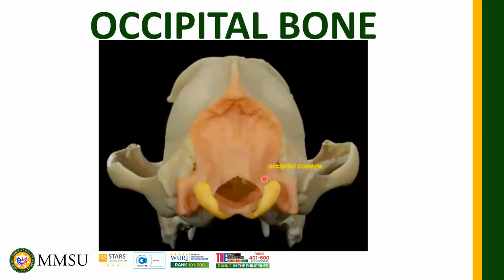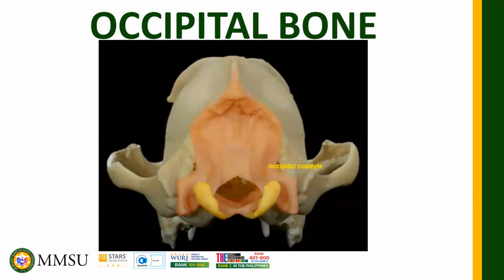Yung mga occipital condyles natin, it usually contribute para magkaroon ng protective barrier that usually surrounds the foramen magnum. So parang they help na maprotektaran yung spinal cord from any potential injuries that usually could occur at the base of the skull.